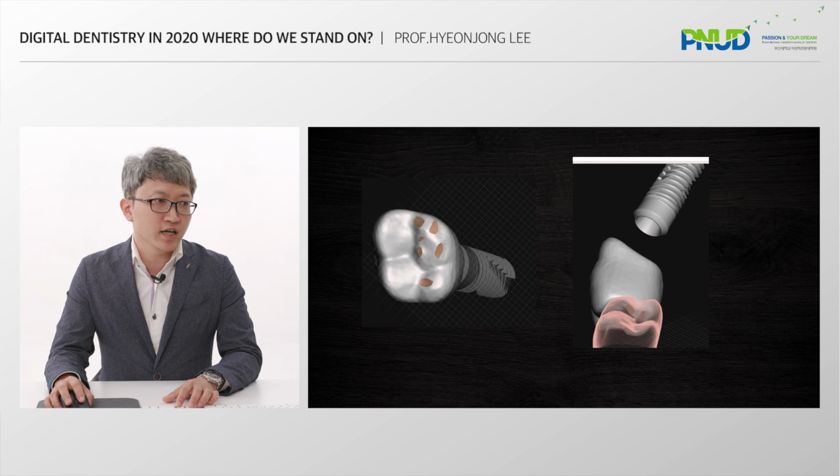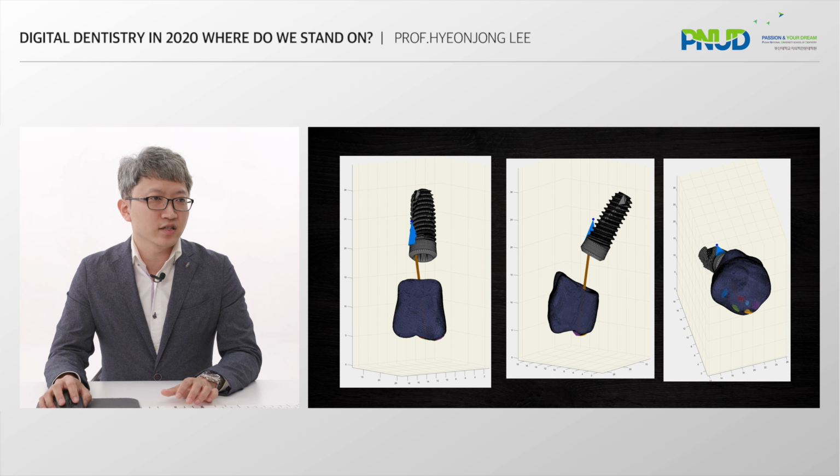I redesigned the occlusal surface, and you can see the difference in occlusal contact points. I analyzed once more, and I found out that the direction of the mean vector is now directed into the platform area.